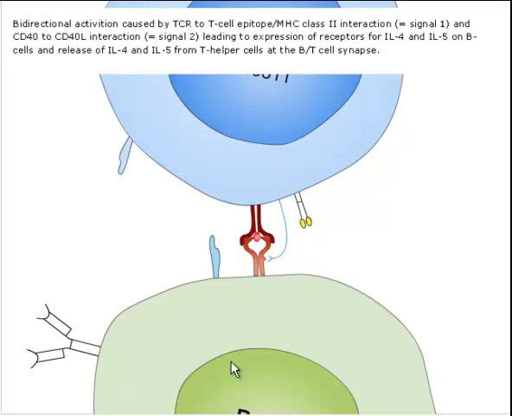The binding of the T cell receptor to the B cell is going to cause the B cell to actually express and place on its surface receptors for interleukin 4 and interleukin 5. The T helper cell is going to express the interleukins that are going to bind to those receptors, and you'll get an even further stimulation and activation of this B cell.